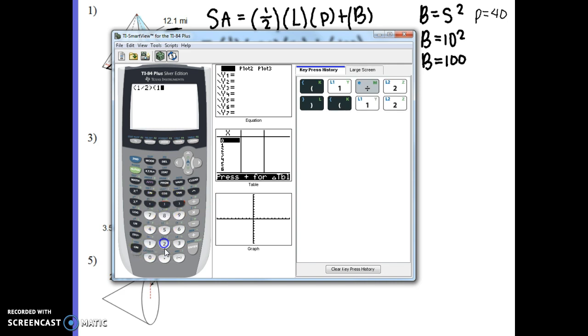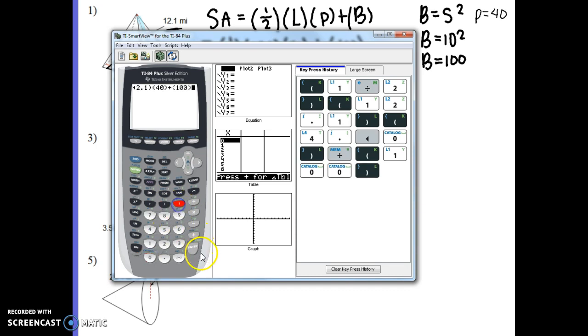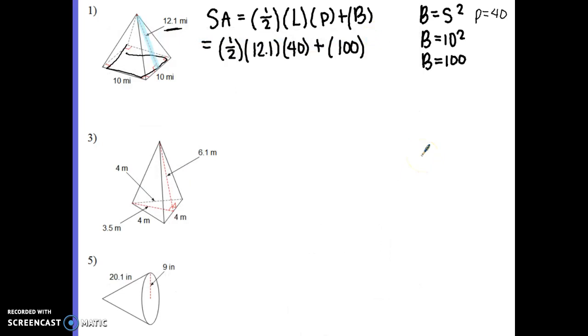Then our slant height, 12.1. And then our perimeter of 40, plus the area of our base. And so our answer here is 342. So my surface area is equal to 342.